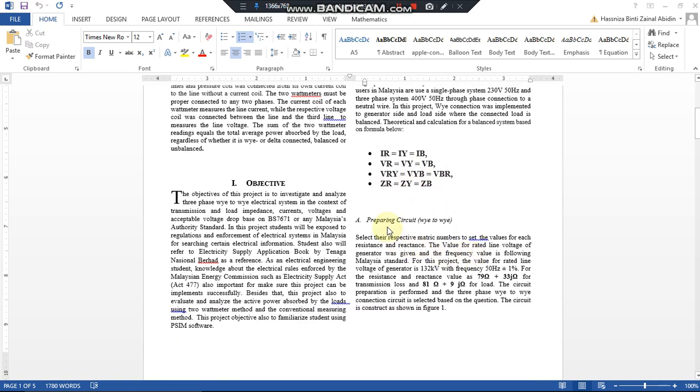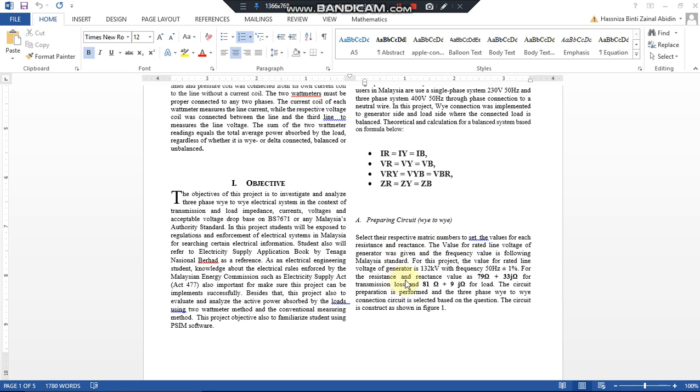So first is preparing the Y-Y connection circuit. To prepare the circuit, we use the individual matric number to set the resistance and reactance of transmission loss and load in the circuit.